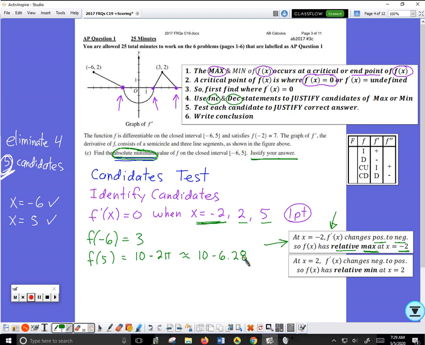Certainly bigger than 3. So at this moment, the lowest value on f is y equal 3. So far, this is the lowest value on f because this value is just slightly higher.